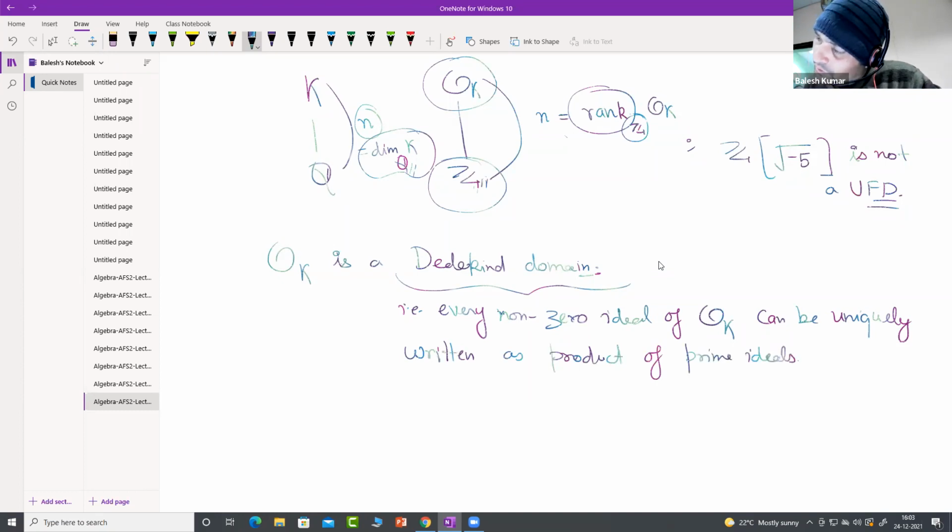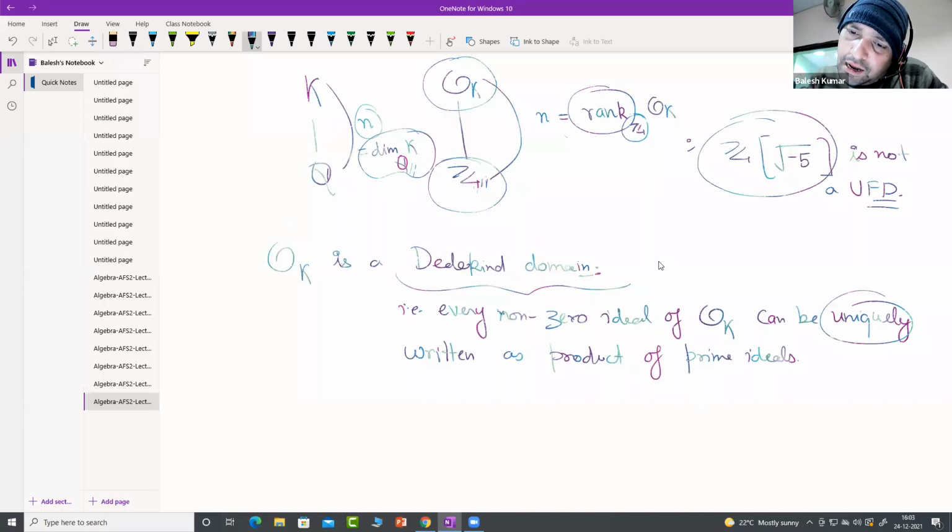Here uniqueness is up to the ordering of the terms. If you change the ordering, that is allowed. So every ideal has a factorization in terms of prime ideals, but O_K may not have unique factorization element-wise. As we have seen, Z[√-5] does not have unique factorization.